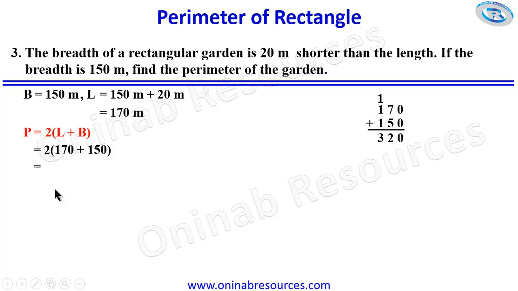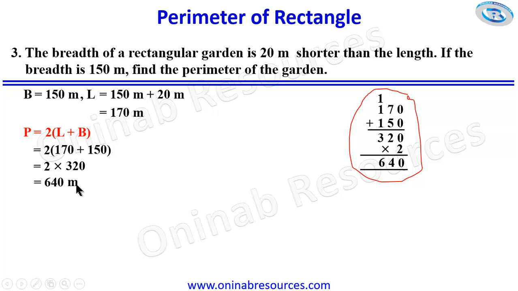So we have it as 2 times 320. Multiplying 320 by 2, this is 0, this is 4, and this is 6, giving us 640 meters as the perimeter of the garden. And that's all for problem 3.